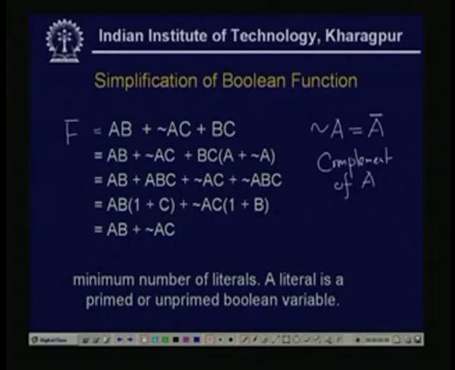Now, I have to apply them to simplify or minimize this expression. a b as it is, I have kept a bar c, and now this b c I have kept as b c dot 1. So, 1 is replaced by a plus negation a from our postulate. A plus negation a is nothing but 1.